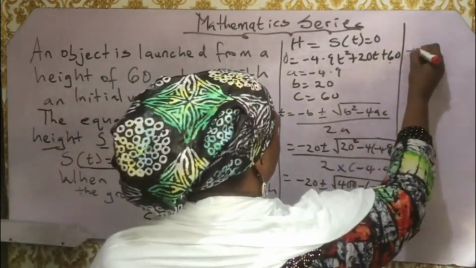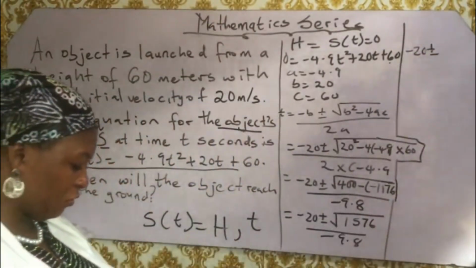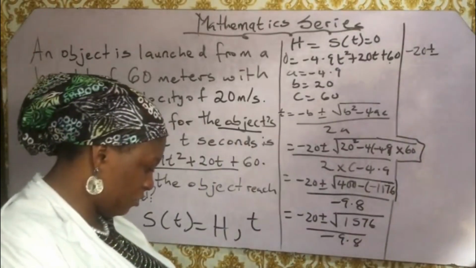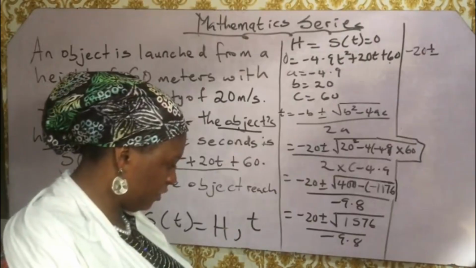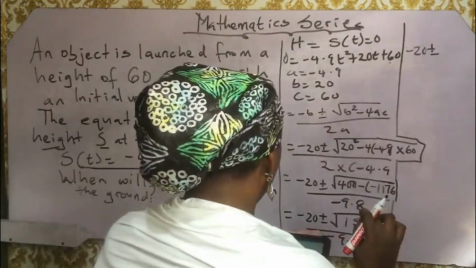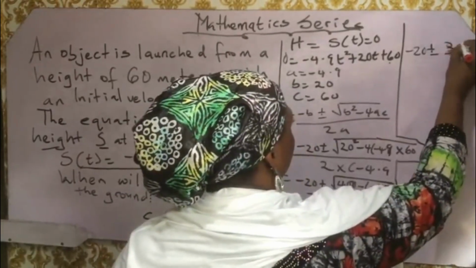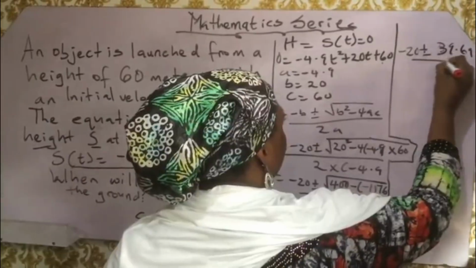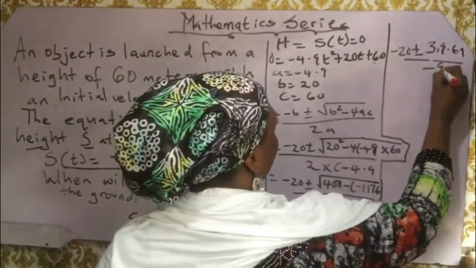So you have negative 20 plus or minus the square root of 1576. The square root of 1576 gives us 39.69, divided by negative 9.8.